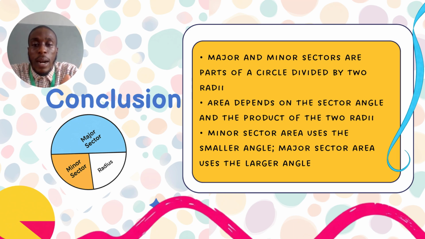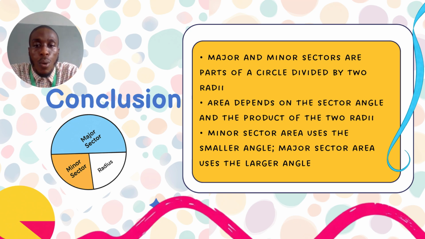We also calculated questions on the major and minor sectors, in which you observed that the major angle is larger than the minor angle. That will be all for now.